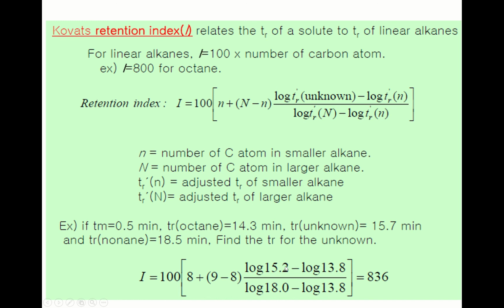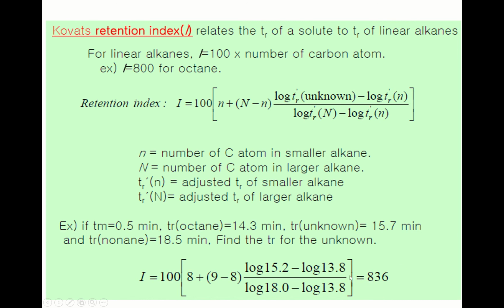Minus log of the small n, octane, where you subtract 0.5 minutes, so you get 13.8. Likewise you calculate the denominator, and for nonane you get 18 for the adjusted retention time, and then you get 836. This value is the Kovats retention index.